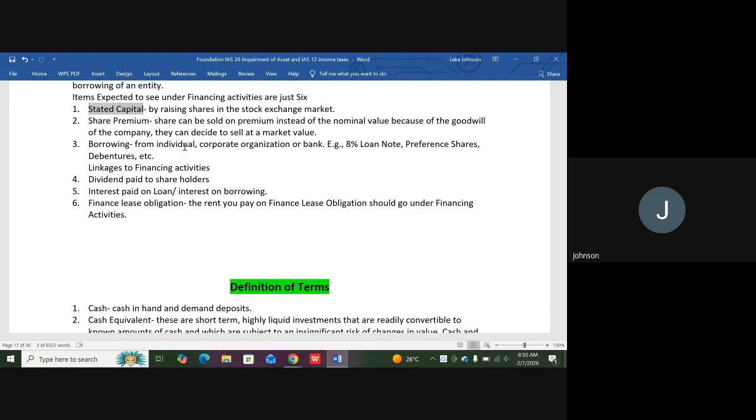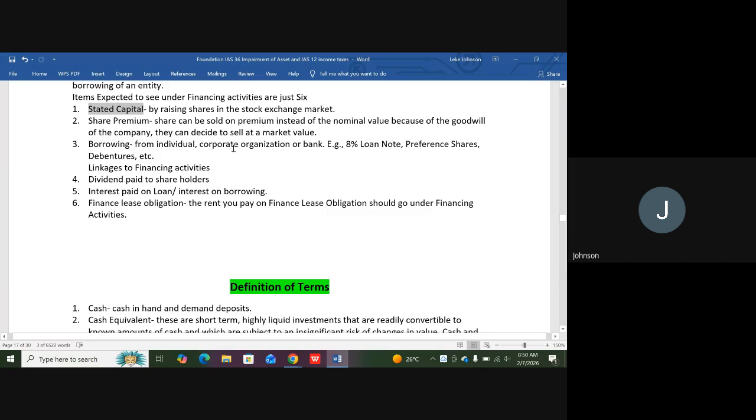You sold it for something extra. So that is what share premium is about. They say shares can be sold at a premium instead of the nominal value because of the goodwill of the company.